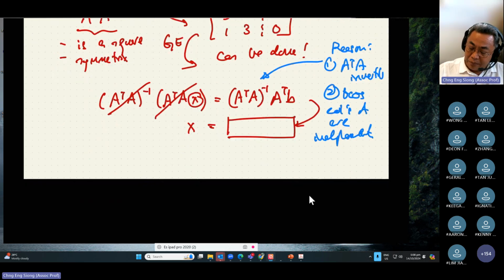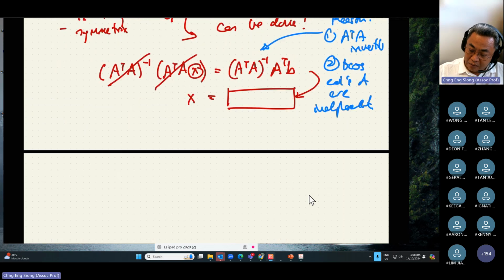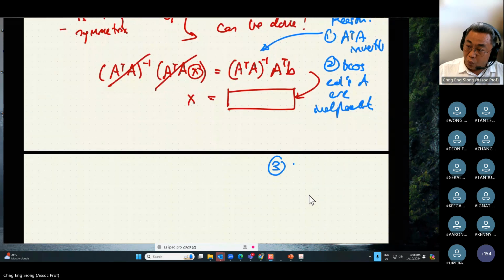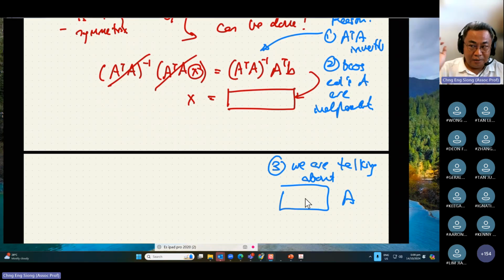And third, remember, guys, we are always talking about what kind of A? Square? Nope, A is not square. A is not symmetric.